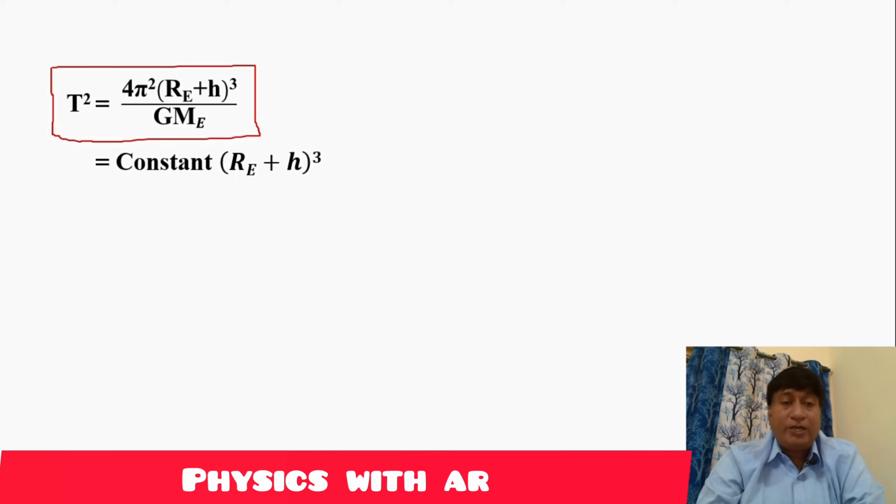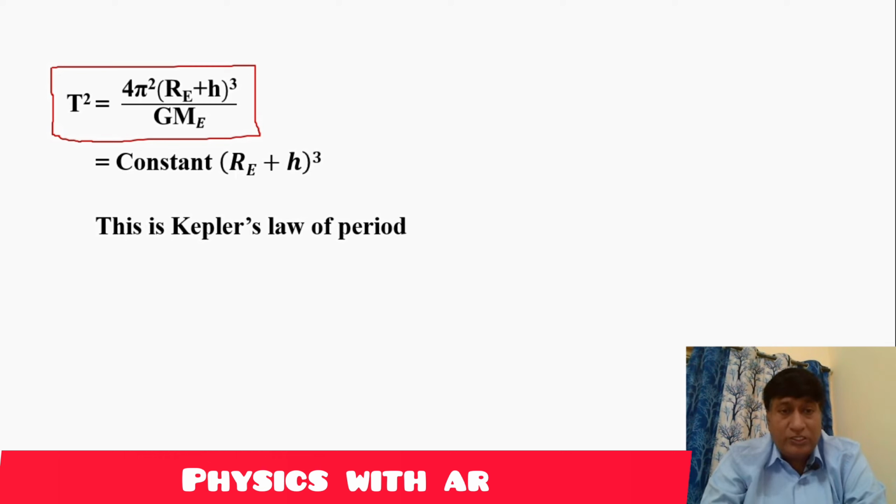If you remember a little bit, Kepler's third law, we proved that t square is directly proportional to r to the power of cube. So this is Kepler's law of period, which you have studied in Kepler's laws.